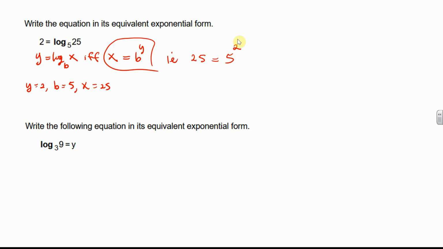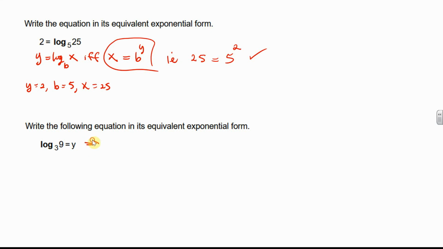And it should make sense, because 5 to the second power is indeed 25. You're not going to say, I don't know what that is. You know what 5 squared is. You know it's 25. All right. Does that make sense? And after a while, you'll just be able to get the lingo and move with the flow.